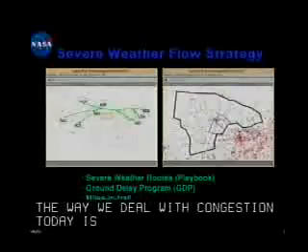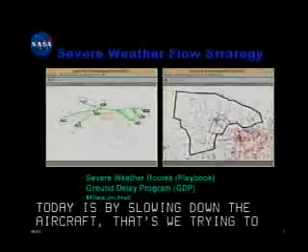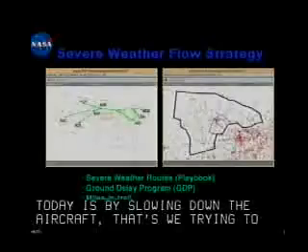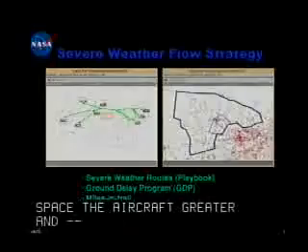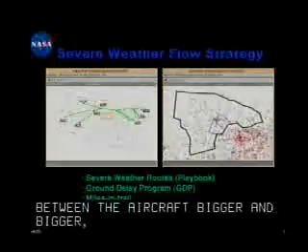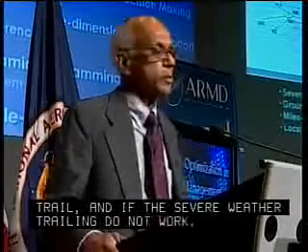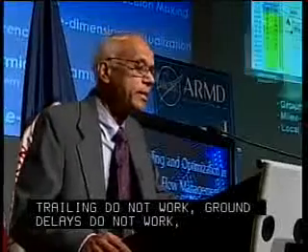That's by trying to space the aircraft greater, increasing the space between the aircraft bigger and bigger, and it's called miles in trail. And if severe weather routes do not work, ground delay program does not work, and miles in trail does not work, then we take the last minute action of doing local rerouting.